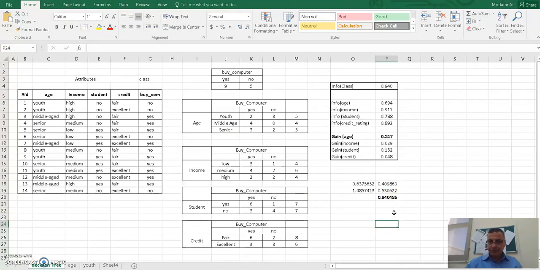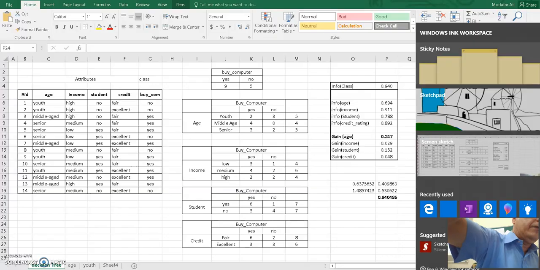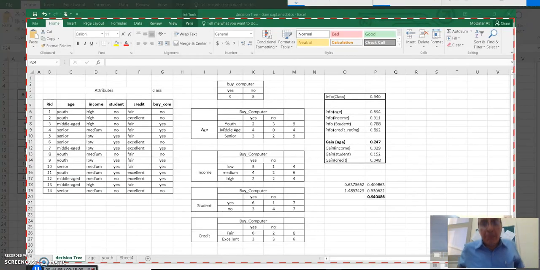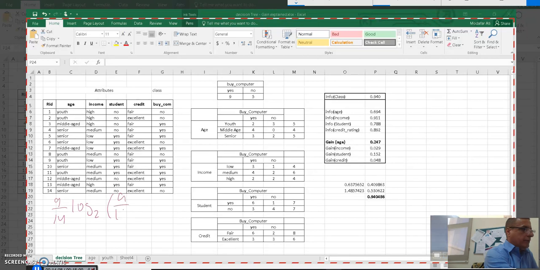Remember what we've done here: 9 over 14 log 2 of 9 over 14.